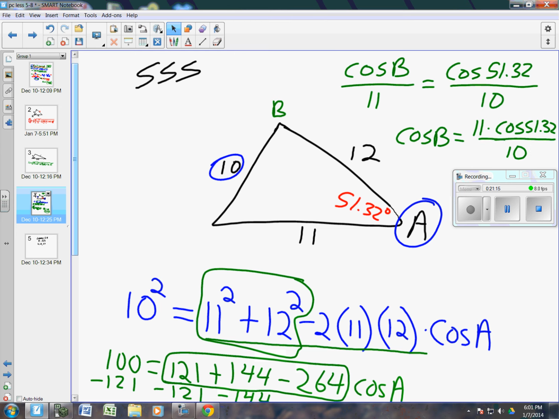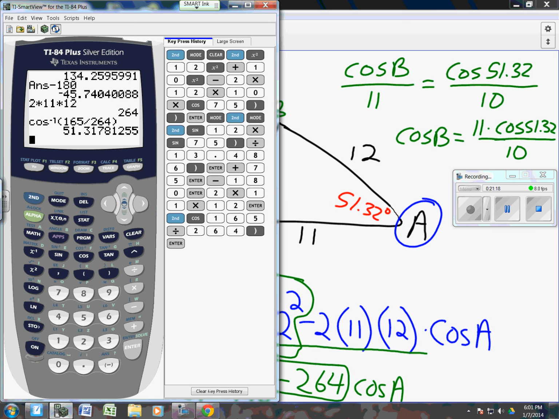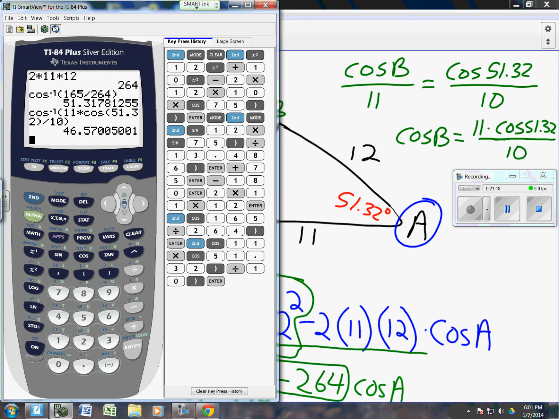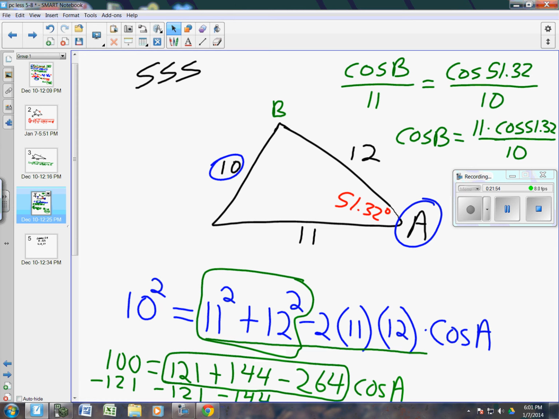And then, of course, I'm going to do the cosine inverse of that. So second cosine, and I'm going to go 11 times the cosine of 51.32, close that parenthesis, divided by 10, close the parenthesis for the inverse, and I'm going to get 46.57 degrees.